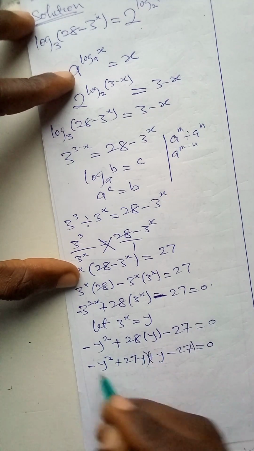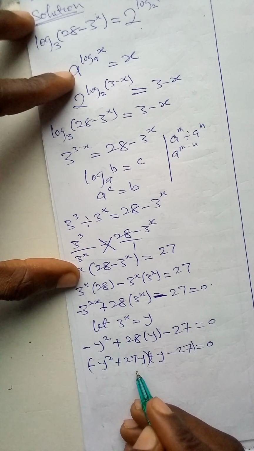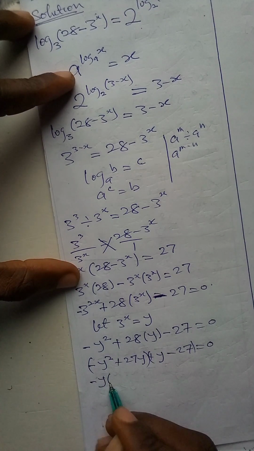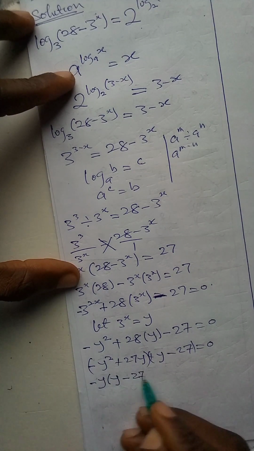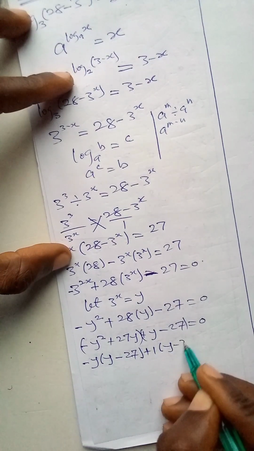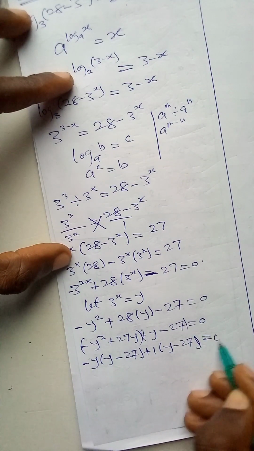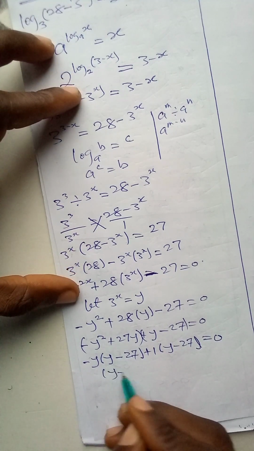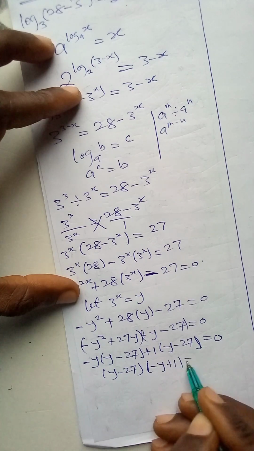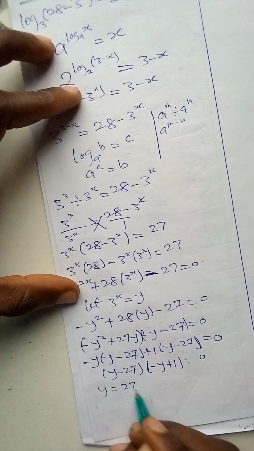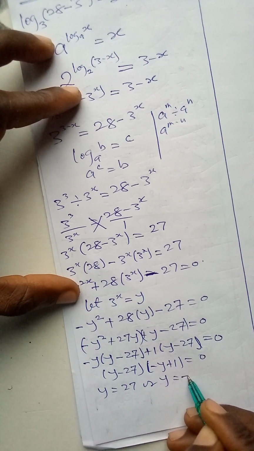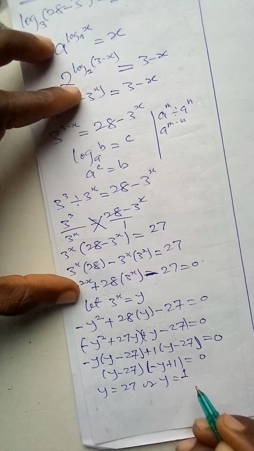If I group it, I can factorize minus y out from the first bracket. Minus y is common, y minus 27. And in the second, plus 1 is common, y minus 27 is equal to 0. So (y minus 27) and (minus y plus 1) is equal to 0. So y equals 27 or y equals 1.